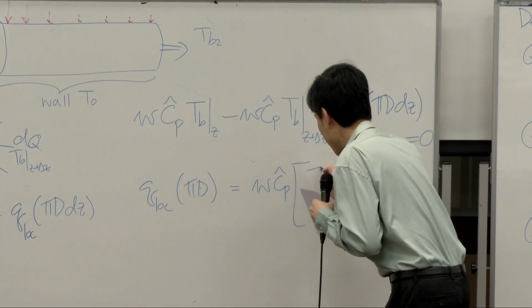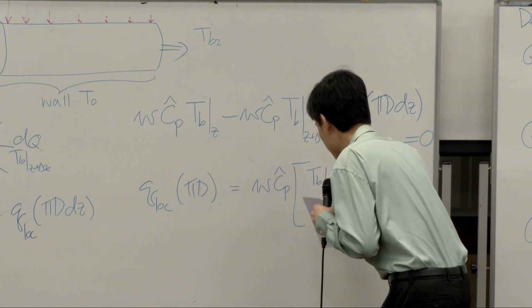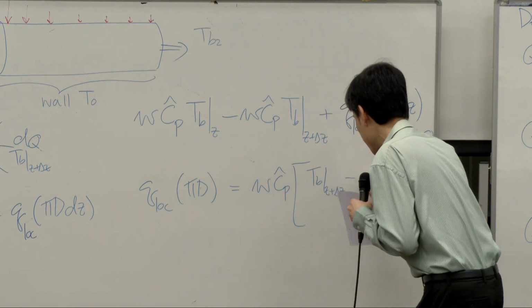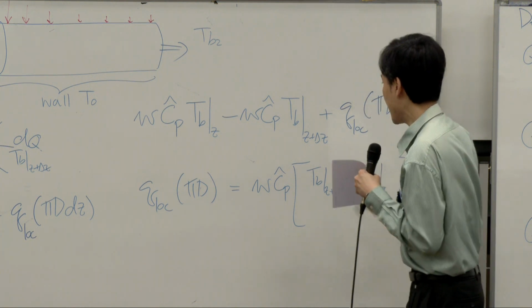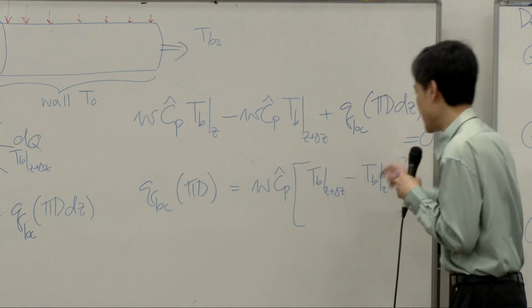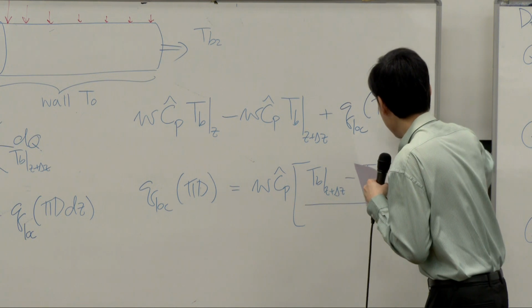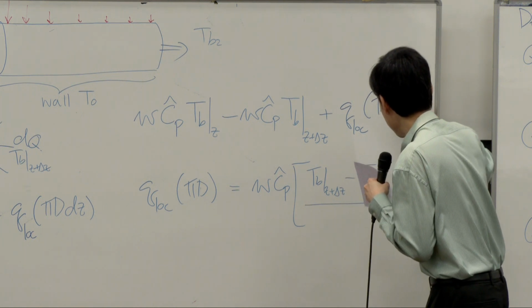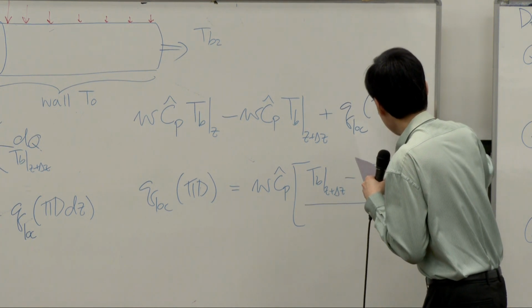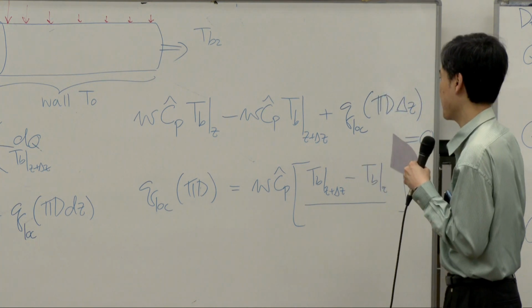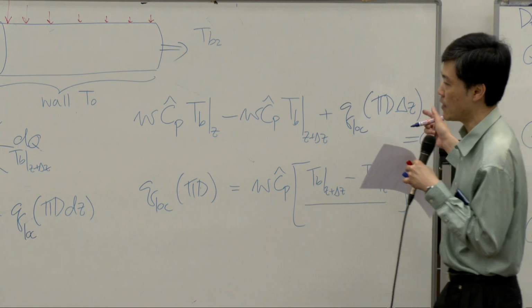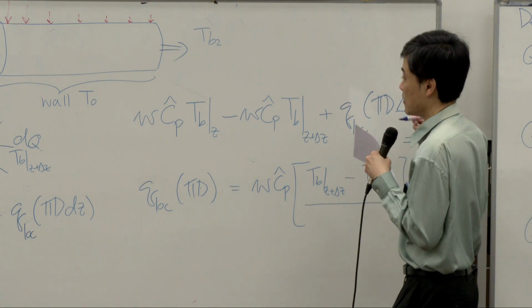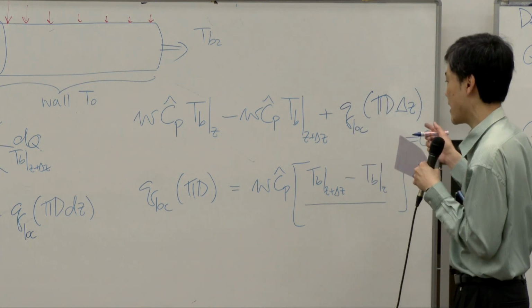Okay? And I have TB at Z plus delta Z first, subtracted by TB at Z. And I divide the whole equation by delta Z, just to make it similar to what we did in chapter 2 or chapter 9.